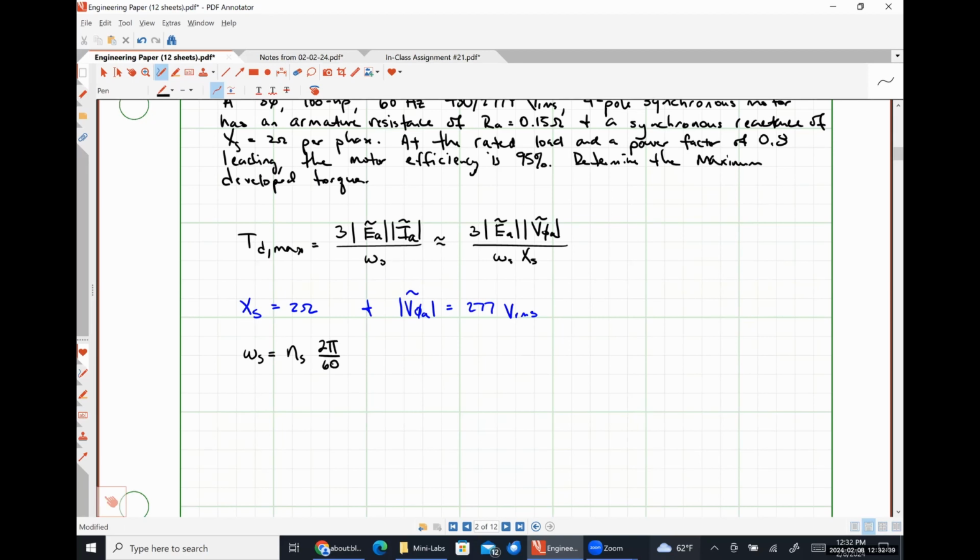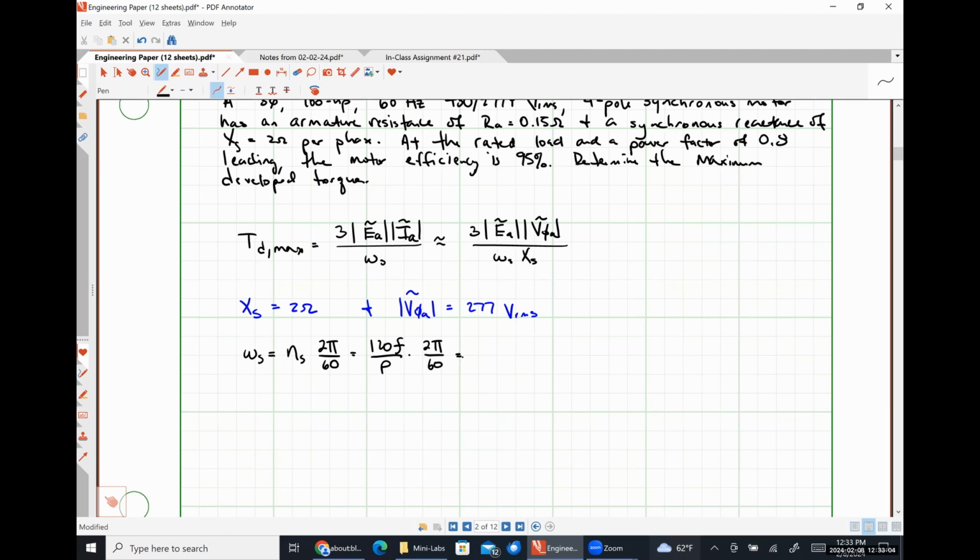We used that when we were dealing with induction machines. It's the exact same relationship to go from RPMs to radians per second. Well, N_S is just 120 f, our linear frequency, divided by P, our number of poles. And then that gets multiplied by that 2 pi over 60 term.